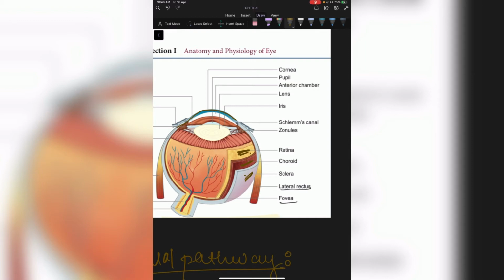Now the choroid anteriorly continues as the ciliary body and the iris. So the ciliary body and the iris are formed from the choroid itself. Choroid is the pigmented layer of the eye.